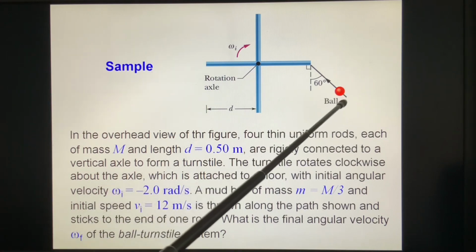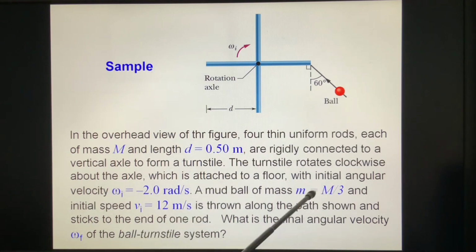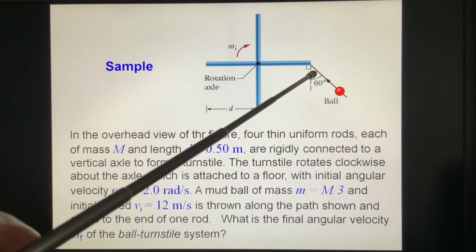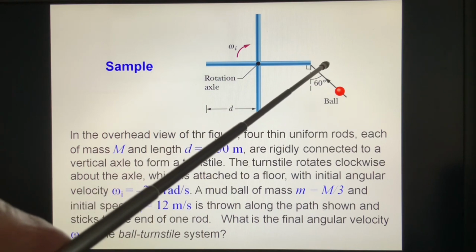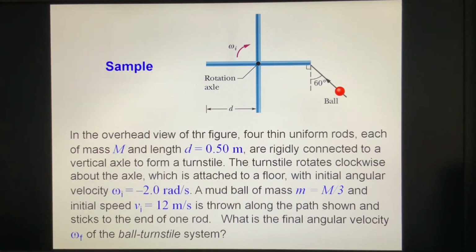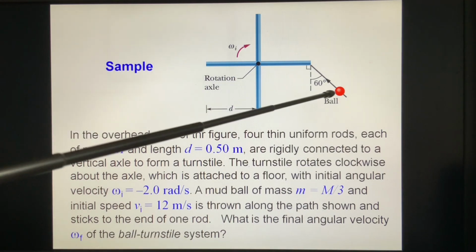A mud ball of mass m equal to M over 3 and initial speed 12 meters per second is thrown along the path, and sticks to the end of one rod. What is the final angular velocity omega_f of the ball-turnstile system with the ball stuck here?